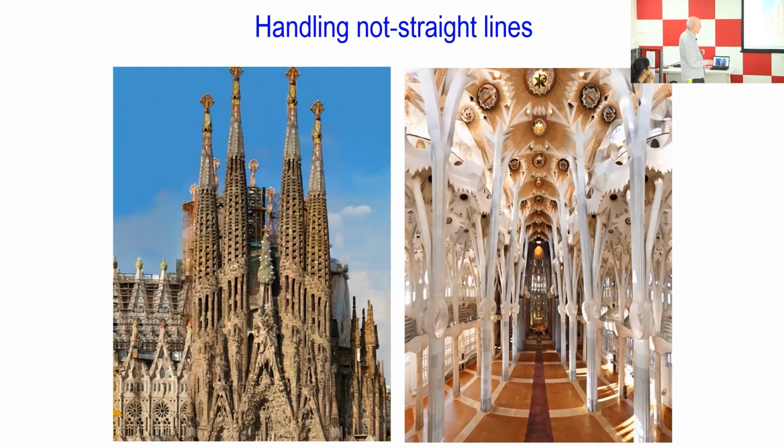So you get inside, then you see a whole number of arches that are connected in very intricate patterns here. And you may notice that you don't necessarily have straight lines. You have straight lines, but at some point they bend a little bit, and then they bend a little bit, and so on.